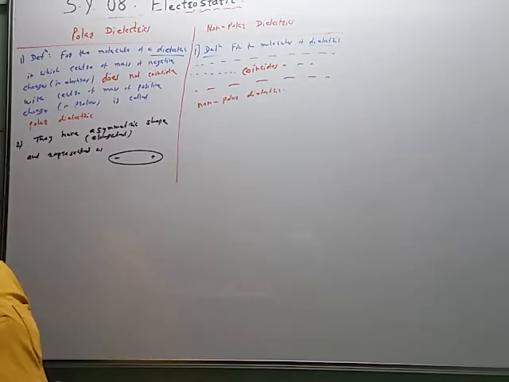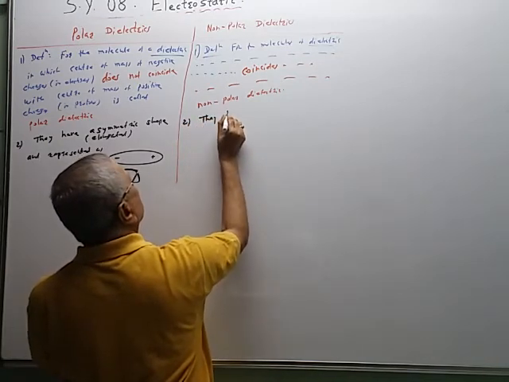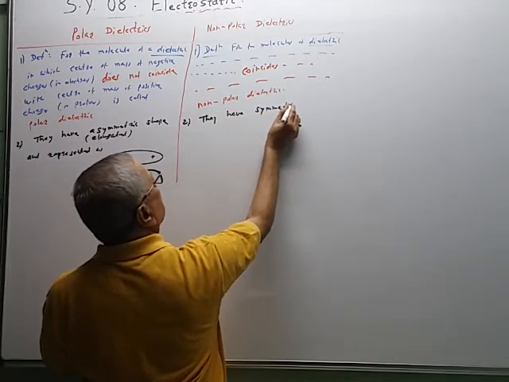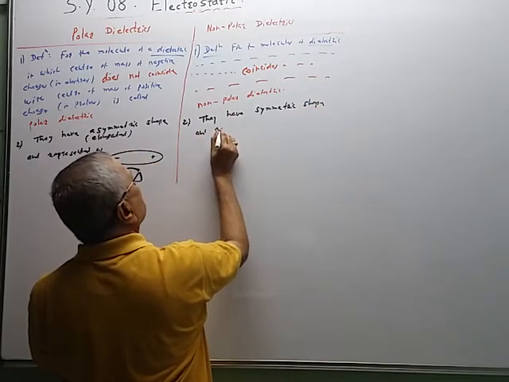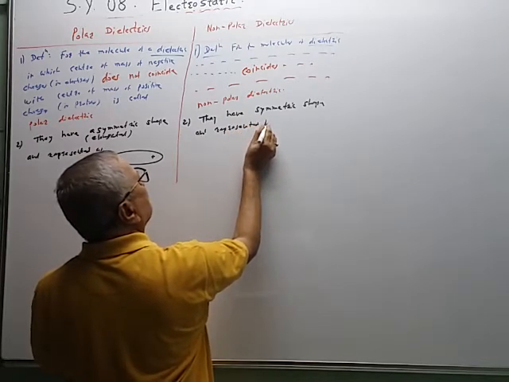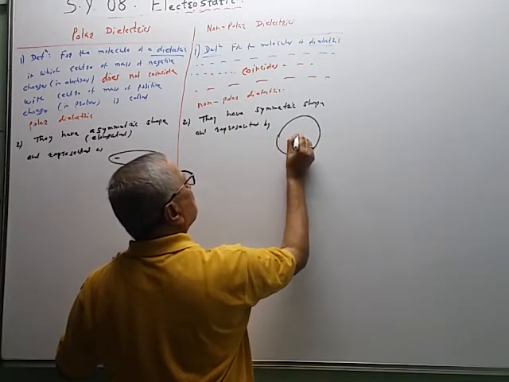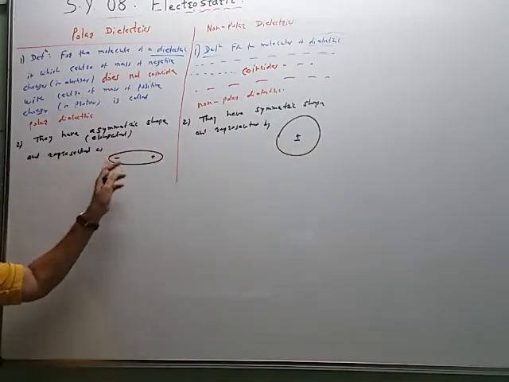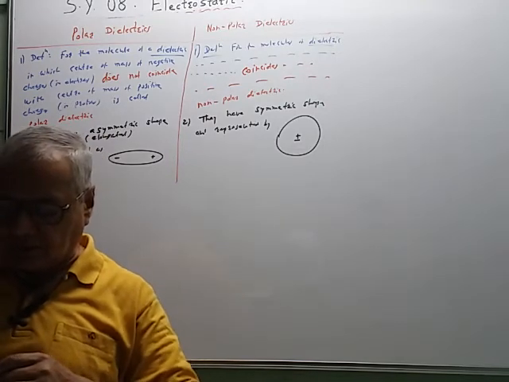Now on this side, non-polar molecules have symmetric shape, and are represented by a circle, and at the center of the circle the positive and negative charges lie. So in the polar case the separation between the negative and positive charges is not zero.